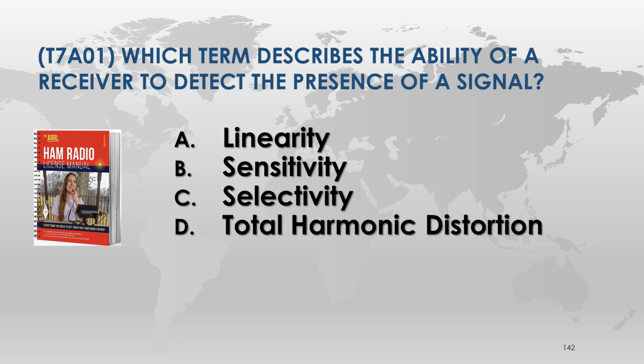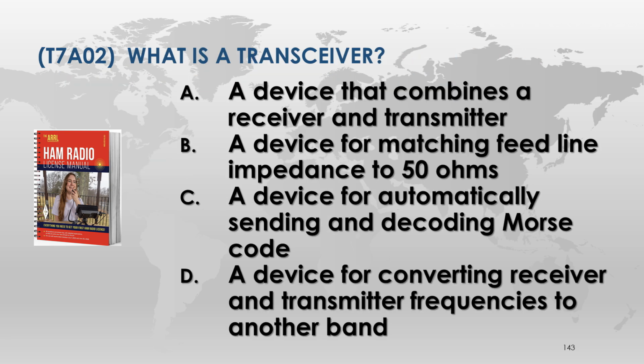Which term describes the ability of a receiver to detect the presence of a signal? The ability to detect is Bravo, sensitivity. What is a transceiver? Alpha. It's not Delta? No, it's Alpha.